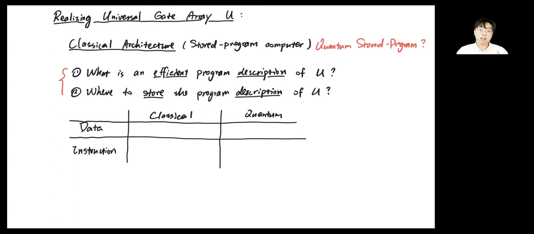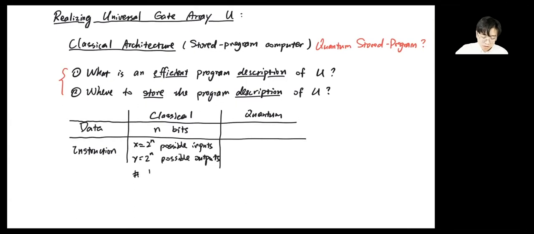For the classical case, if you're looking at a transformation on n classical bits, then you would have 2 to the n possible input states and 2 to the n possible outputs. So how many different functions are there that transform n-bit inputs to n-bit outputs?